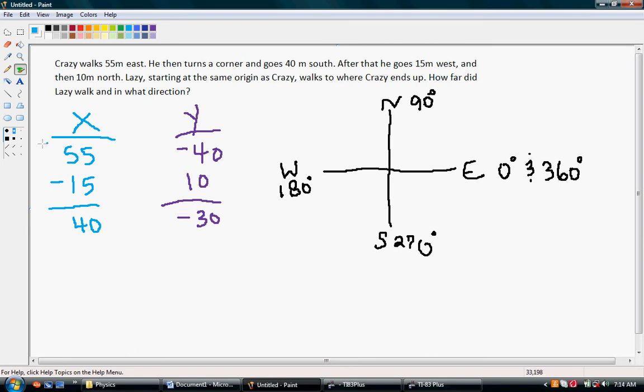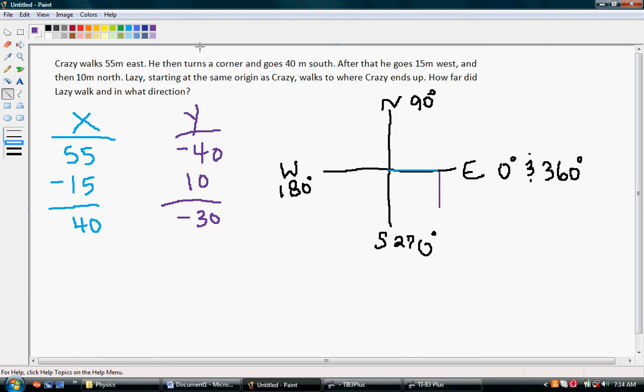So what he ended up doing was going 40 meters in the positive direction, and then 30 meters down in the negative direction. Let's try that again.